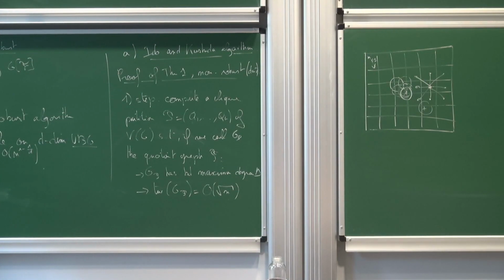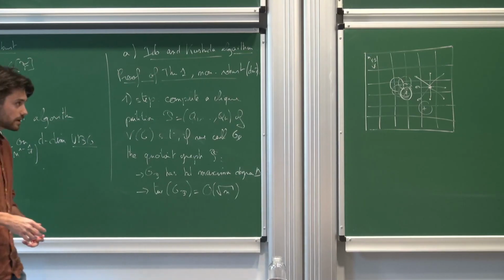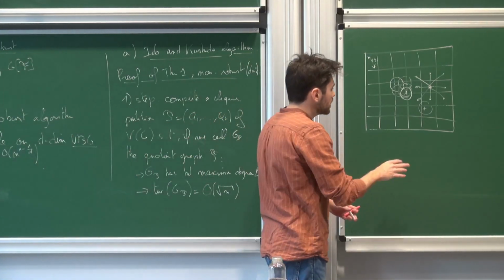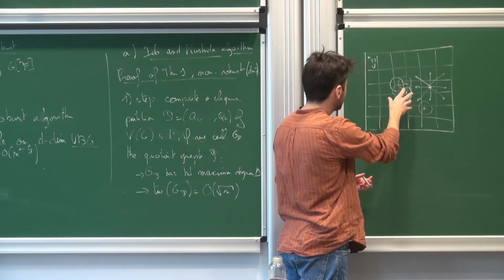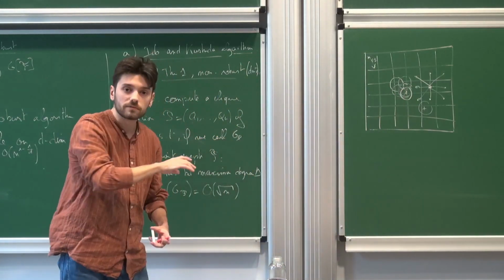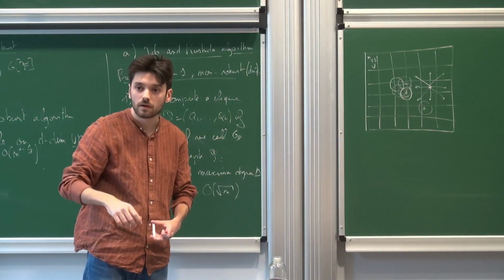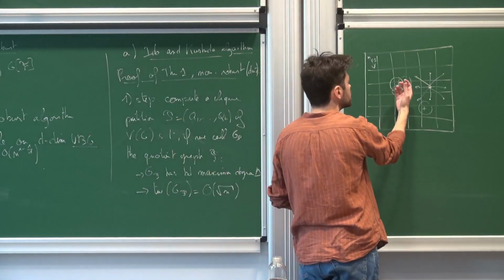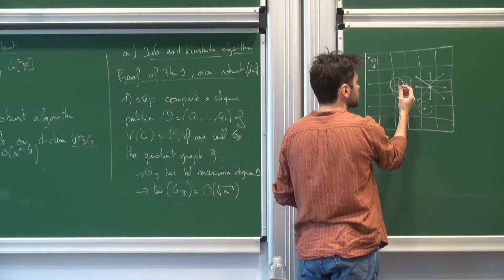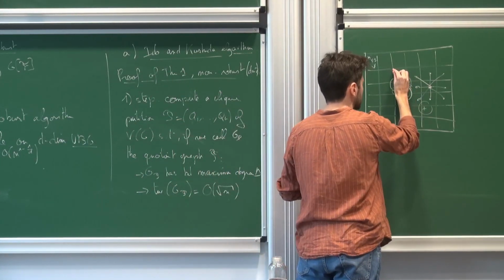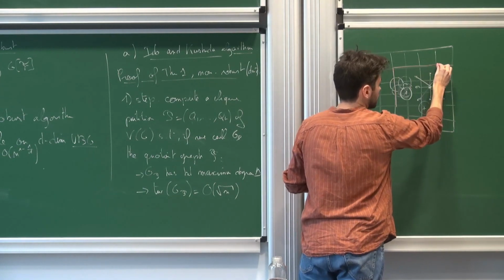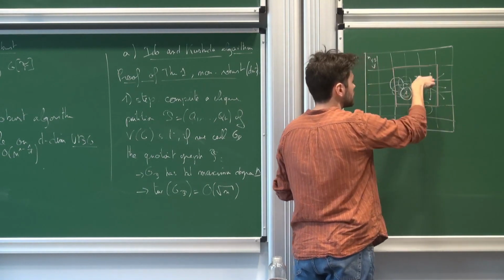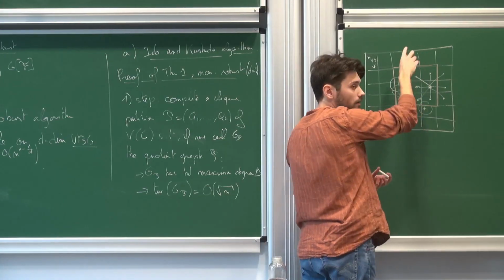So a very simple way to see that is to say, okay, in practice, this graph might not be planar, but it's very close to being a planar graph. And in particular, if we increase a little bit the cells, if I take cells like that, then the adjacency will be planar in some way.